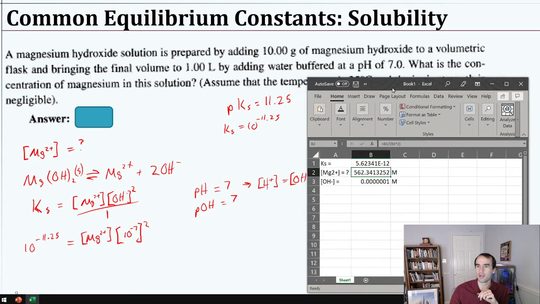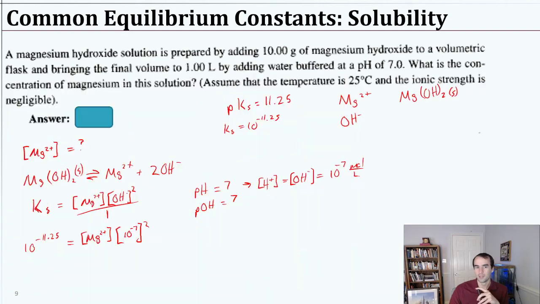First of all, I completely forgot to factor in the fact that we added 10 grams of this stuff into 1 liter. That would be a problem, and in fact, that probably is exactly the problem. I apologize. If we had an infinite amount of this stuff, then maybe that would be true. So maybe I just solved for an infinite amount of magnesium hydroxide added to water.